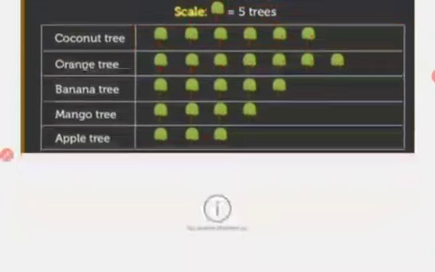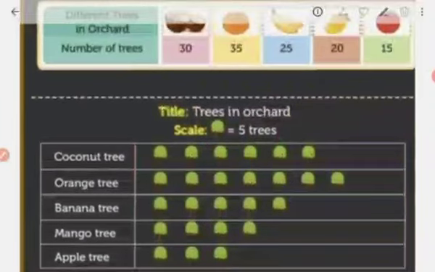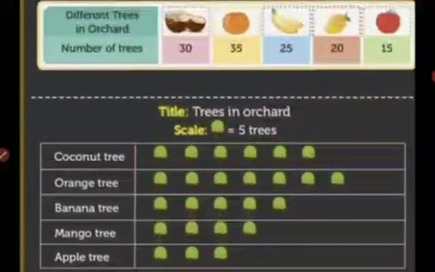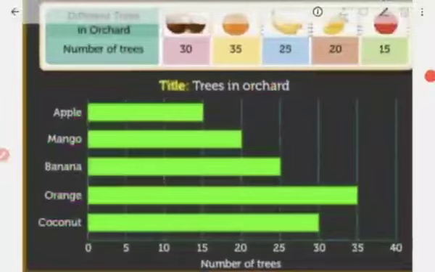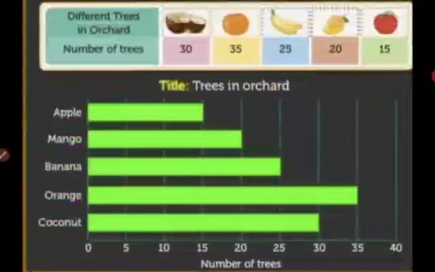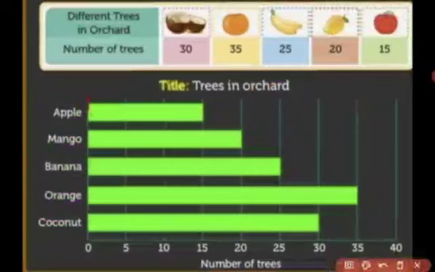Now the same, how can I draw in the form of a bar graph? Okay, so let's see this. I can draw this same in the form of a graph, right? So I will take what is called a horizontal graph. Okay, we can draw a vertical graph as well.